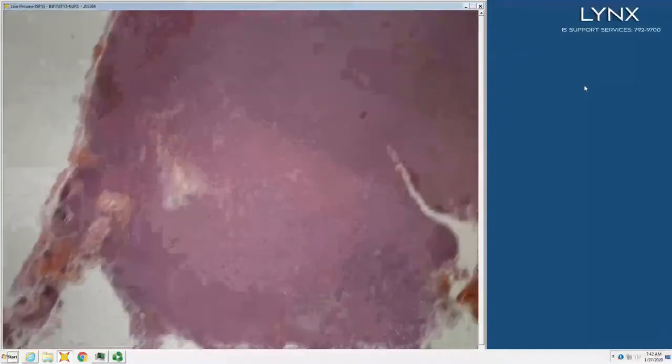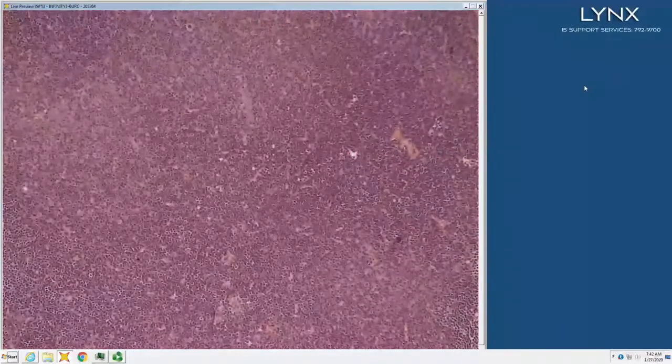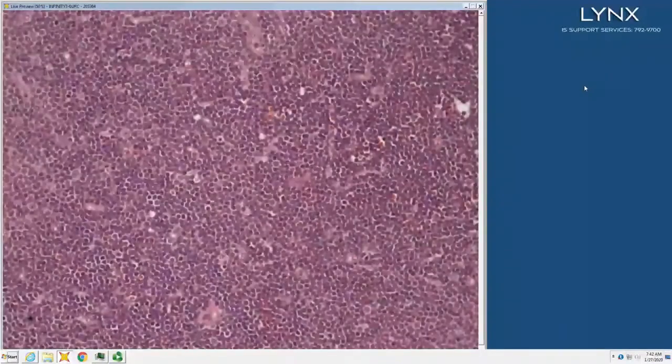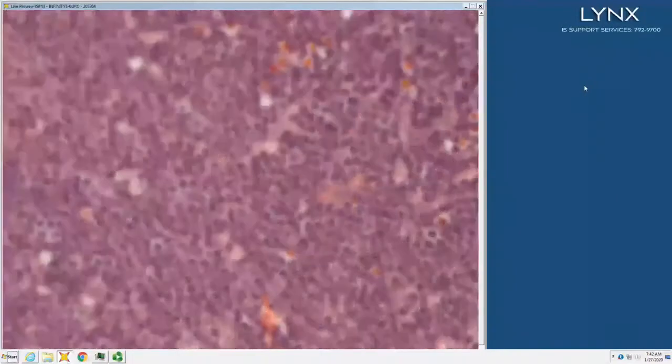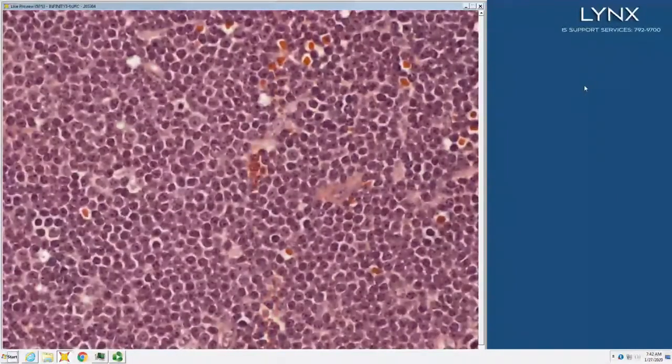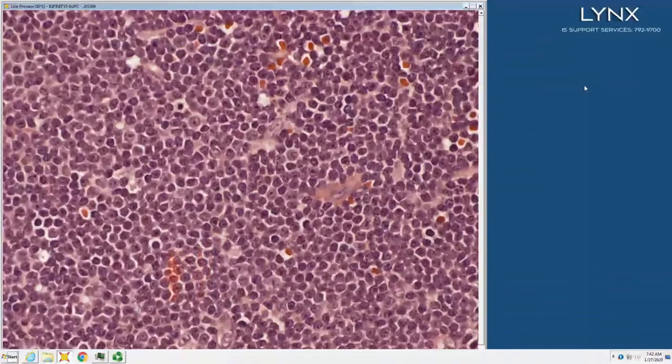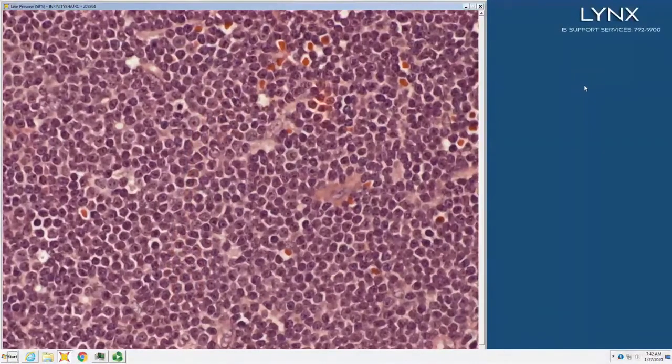Fairly diffuse, not a follicular pattern. Actually, diffuse follicle center lymphomas are more common than the follicular ones in skin. As you look around the cells, there are still some cleaved cells.